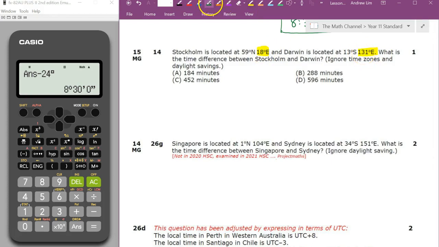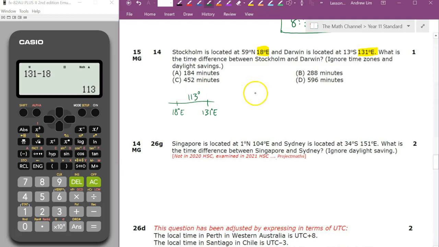So, time difference. We know that we've got 18 degrees east and we've got 131 degrees east. So we can just minus those two numbers. Okay, if that was west, we need to add them. So that's 113 degrees.